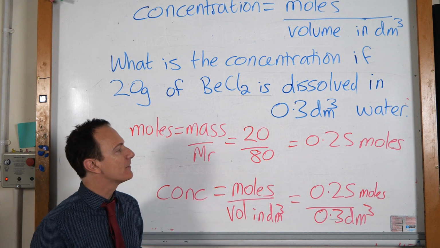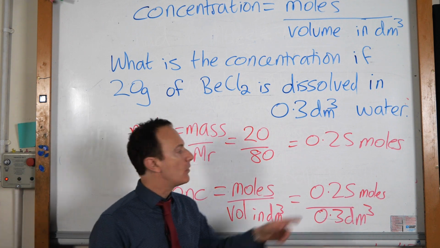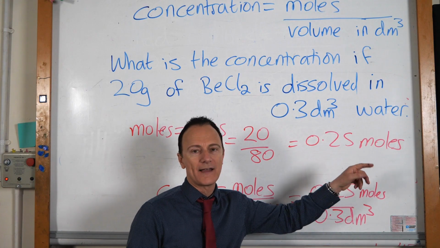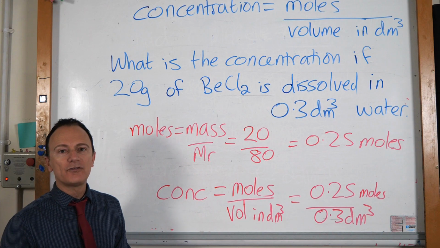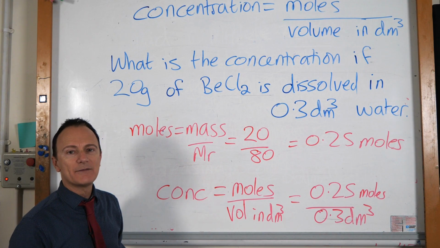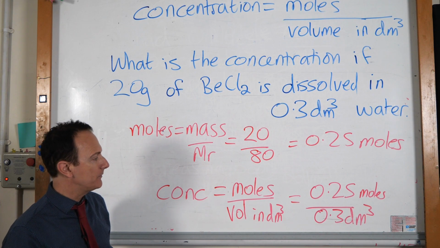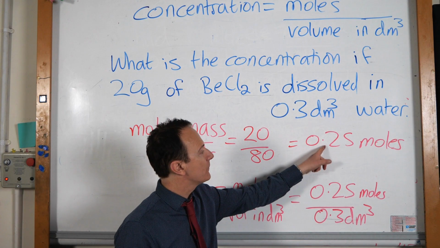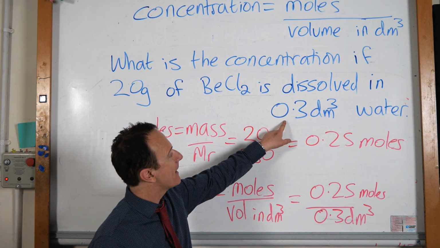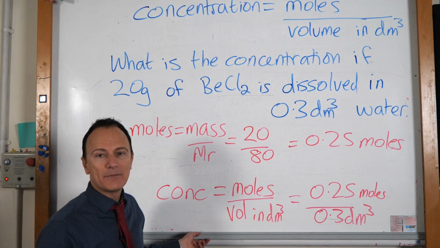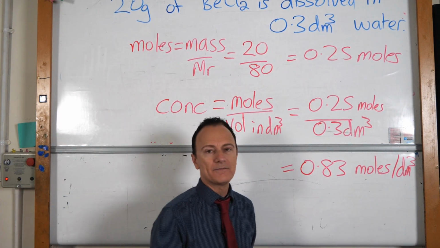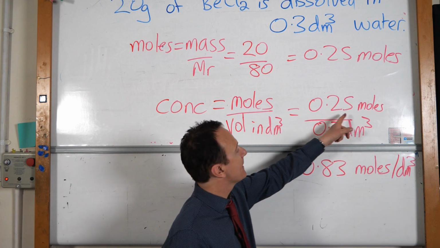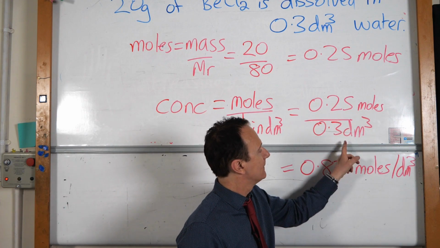So 20 divided by 80, the number of moles is 0.25. Coming back to the concentration, concentration is moles divided by volume in dm cubed. So that's going to be 0.25 moles divided by 0.3 dm cubed. And the answer we get is 0.83, and the units are going to be moles per dm cubed.